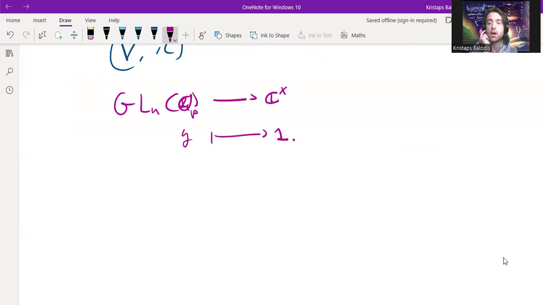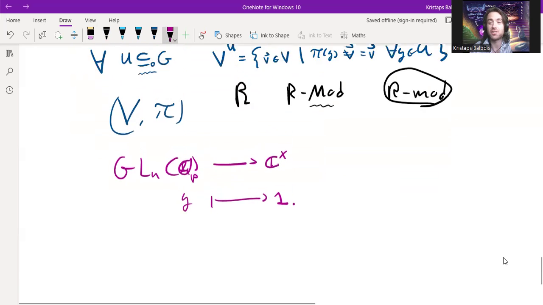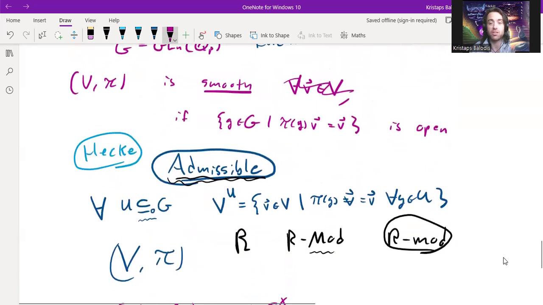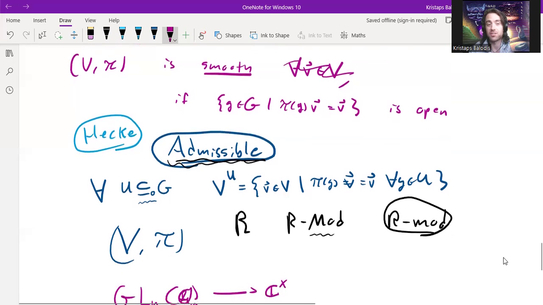Fantastic, right? So clearly this is smooth. I mean, inherently our finite dimensional representations are going to be admissible. Great. And it's smooth as well. Let's just go up and look at our condition, right? We need the stabilizers to be open, while the whole thing is the stabilizer, right?